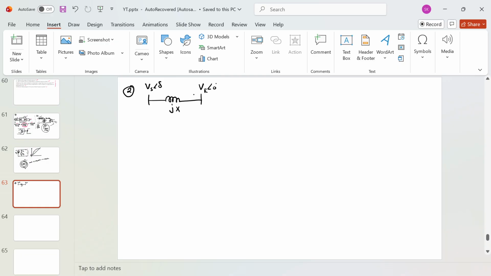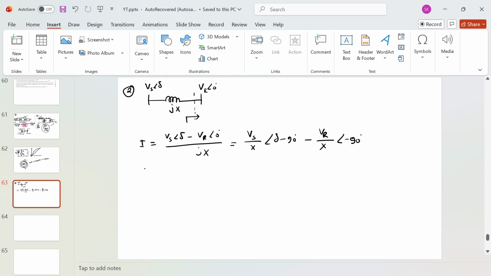So if you calculate the reactive power that is getting supplied at the receiving end, first let me consider the current. That will be (Vs at angle delta minus Vr at angle 0) divided by jX, so Vs at angle delta minus 90 minus Vr by X at angle minus 90. Okay.